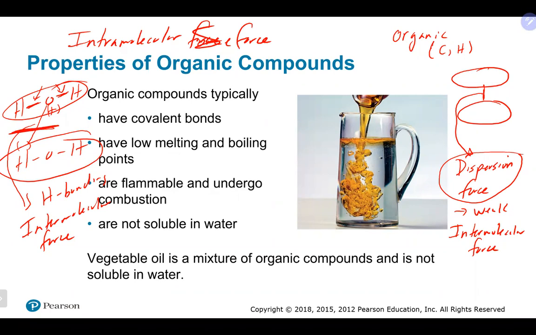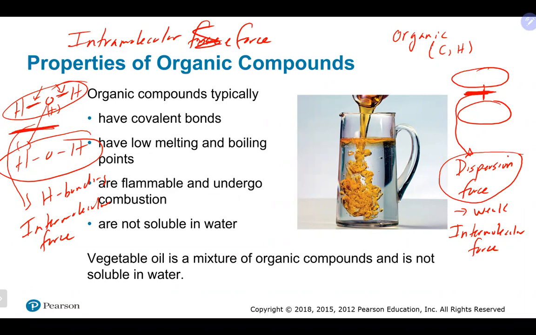Things like methane, butane, propane, those are all gases because the force that holds those molecules together is a relatively weak one, and it doesn't take a lot for them to come apart and go into the gas phase. So typically the weaker the force that holds a molecule together with another molecule, the easier it is to go into the gas phase. And that's why a lot of organic compounds, especially the early ones, are gases.